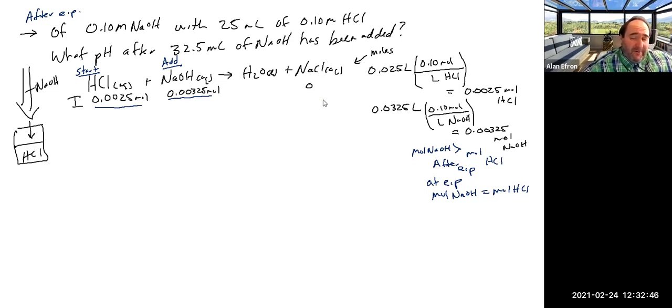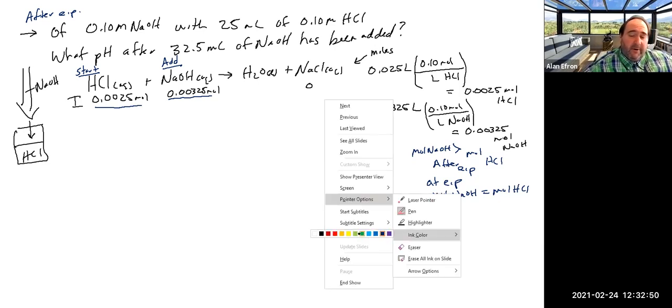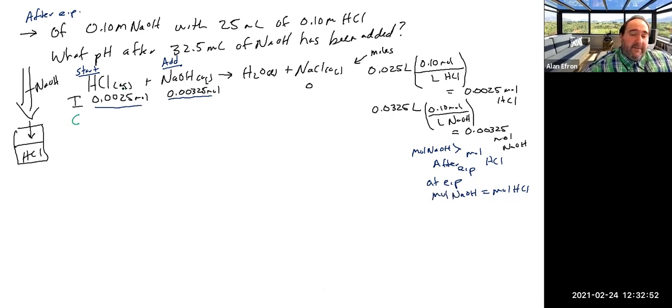That's really important, because it helps us understand that the change part has to be, at this point, our limiting reagent, which is the HCl. Logic also tells us that we cannot subtract the larger number, otherwise we get a negative number. So we end up with this, and we end up with that.